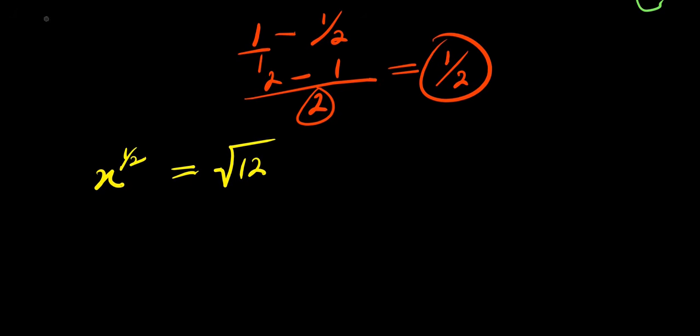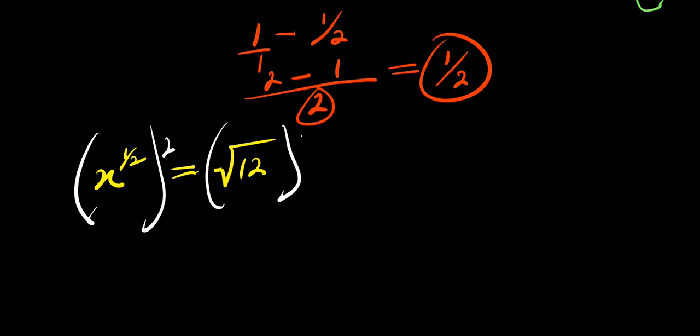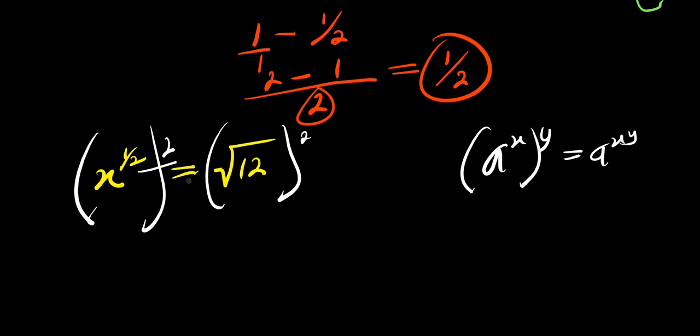So right now, to solve for x, I can take this to the power of 2 and also raise this to the power of 2. So if you have a power x raised to the power of y, this equals a power x times y. So I have 2 times 1 over 2. That will be 2 over 2. So I have x power 2 over 2 equals, this cancels this, I have 12.